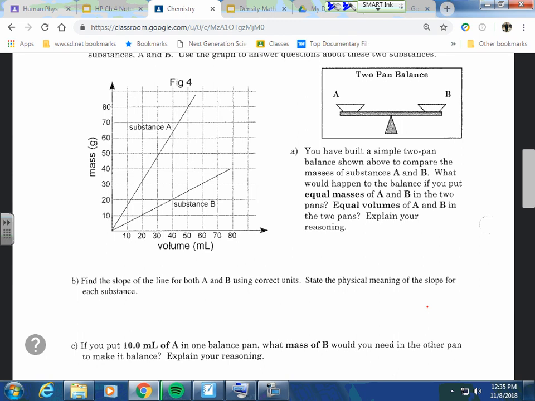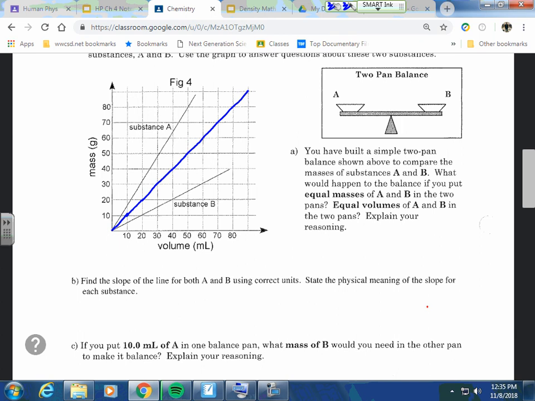So I can make some dots to start, or I could just go straight through them. Make a line that goes to 10. What if I had 20 milliliters of water? How many grams would I have? 20 grams. What if I had 30? Something like that, right?